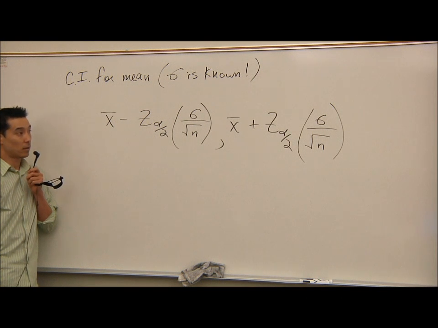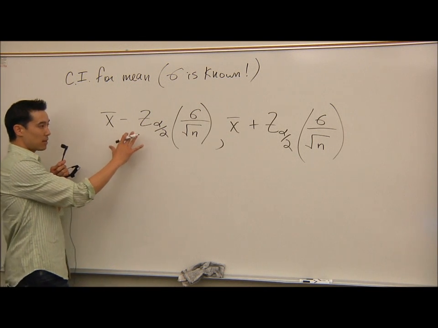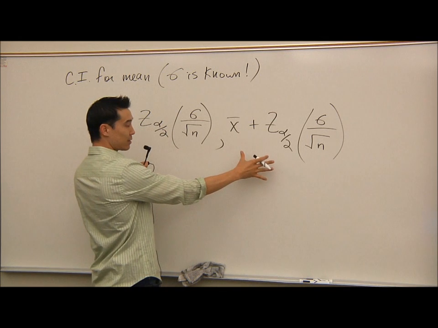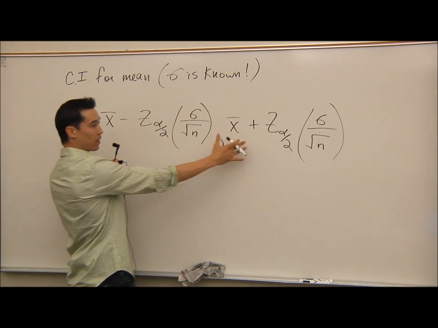Now, once you get the formula written down, there's a couple of things that I want to point out. First, x bar minus z sub alpha over 2 times sigma divided by square root of n. And then over here, it's the exact same formula, right? Except instead of a minus, we have a plus.